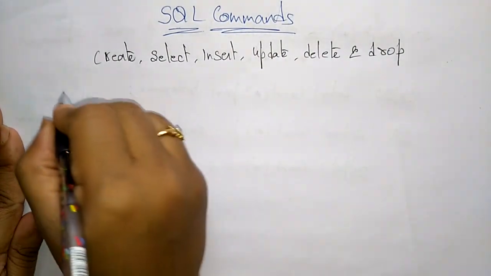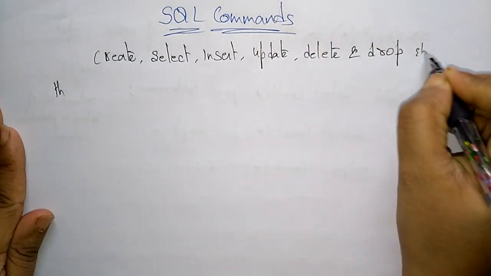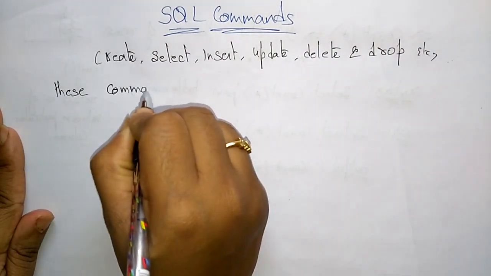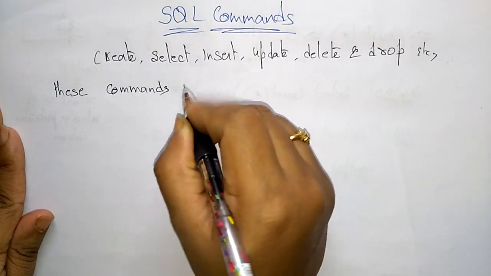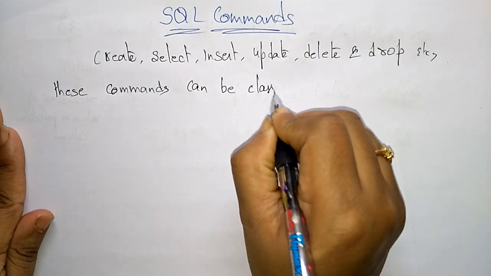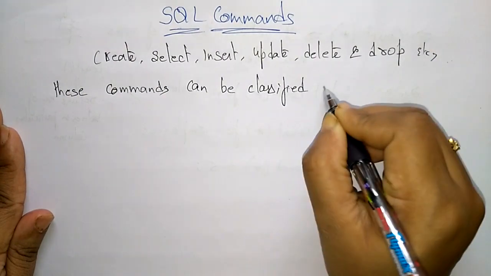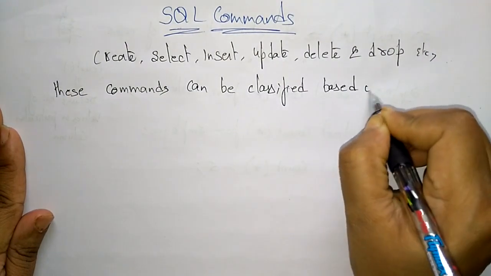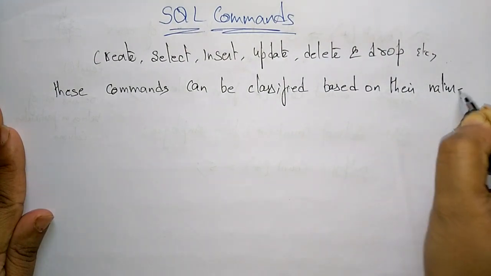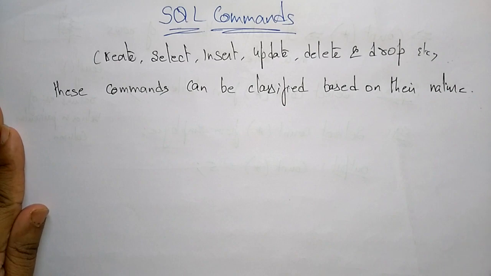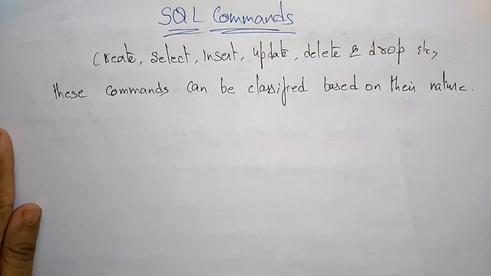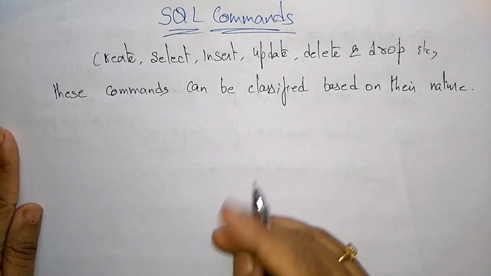So these commands can be classified based on their nature, means in what type of language we are using. So based on the nature we can create the table, based completely on the user requirement.